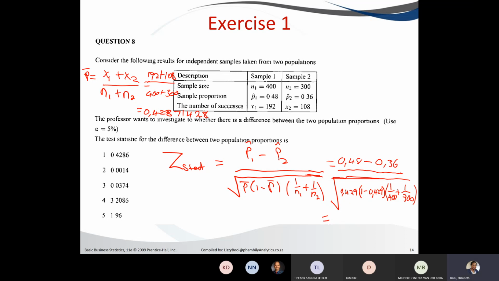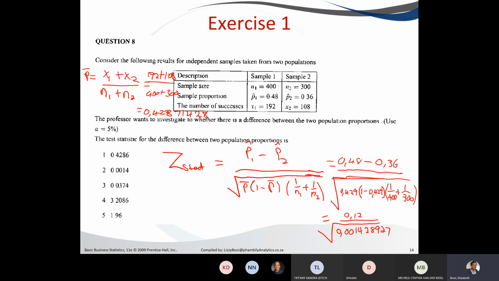So at the top, you get 0.12 divided by the square root of 0.001428927.